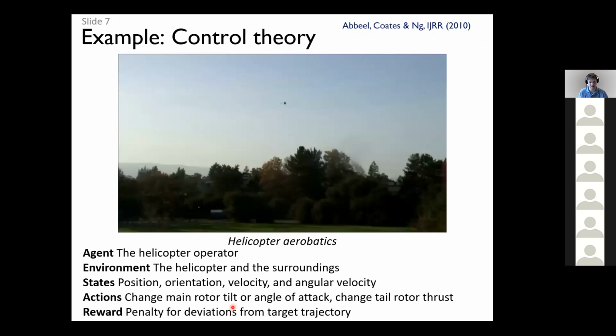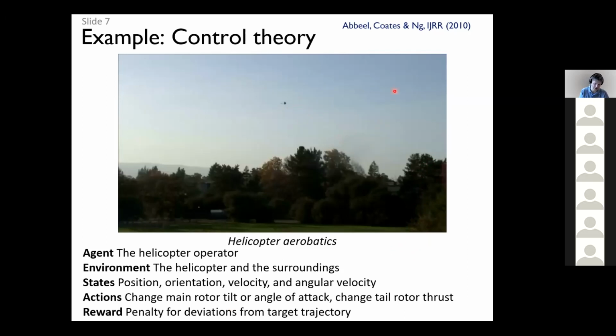Another example is helicopter aerobatics. There was supposed to be a video showing, but somehow the videos or animations all play automatically, so there's some problem.